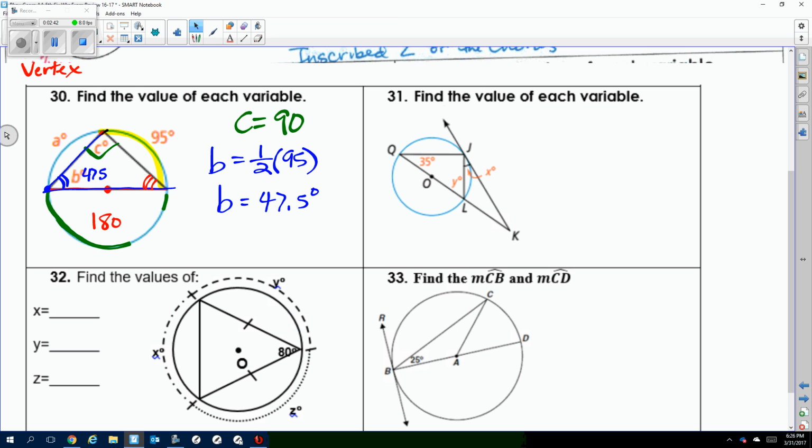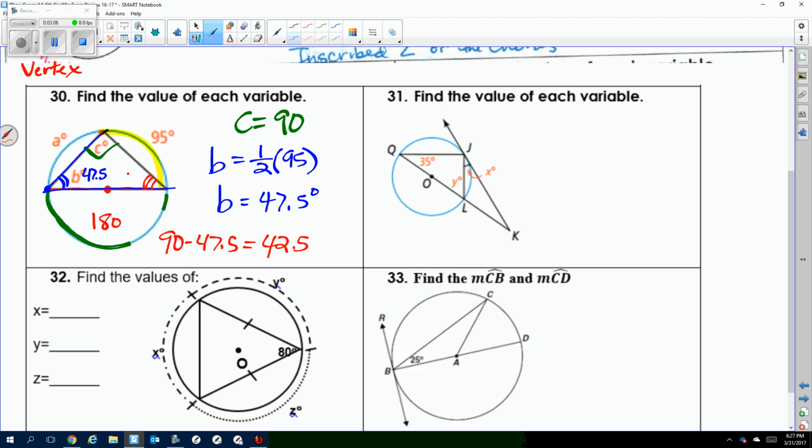I just realized it doesn't look like a decimal point here, so I understand that's a decimal. 90 minus the 47.5 will give me the other angle in our triangle, which is the 42.5.